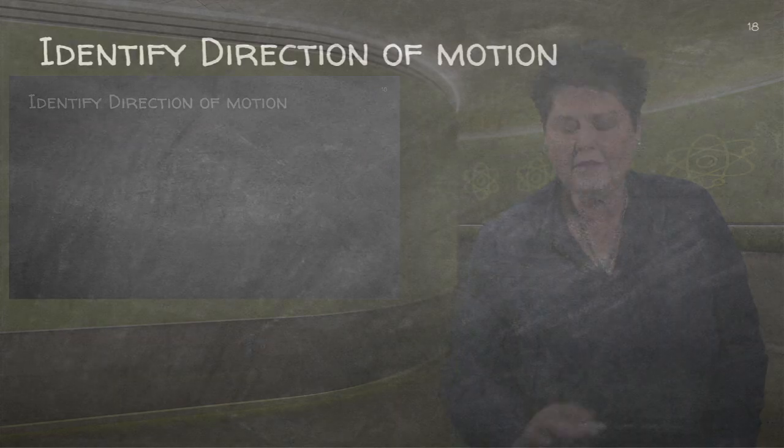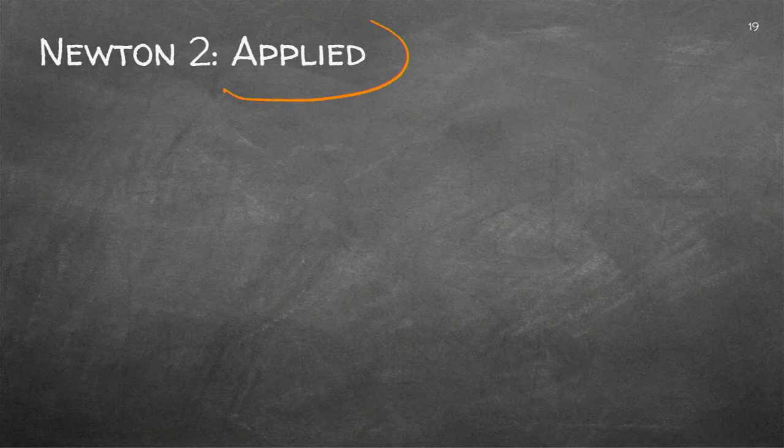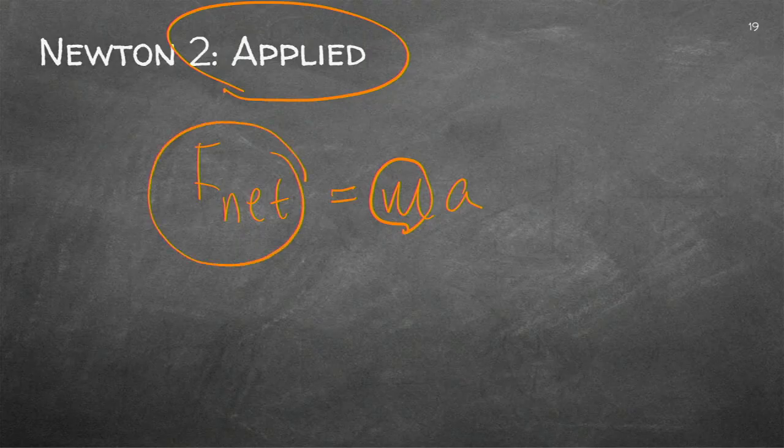Again, identify the direction. Is it horizontal? Is it just vertical? Or is it like that? Then it's got horizontal and vertical components. Apply Newton's law. What is Newton's law? It says the net force has an influence on the acceleration. You always will have masses. You always will have enough forces.